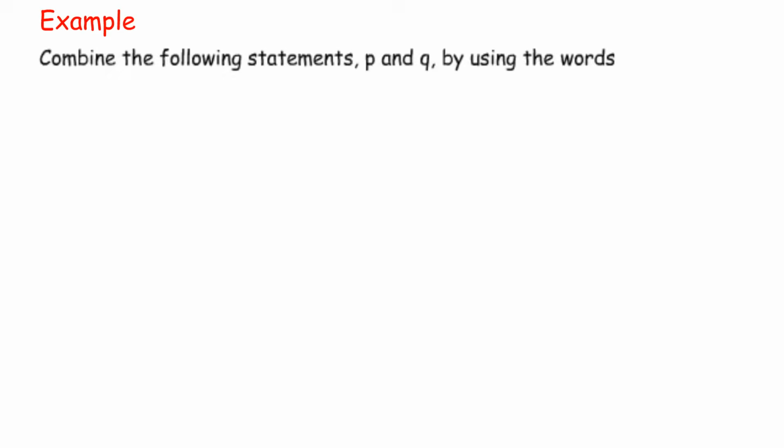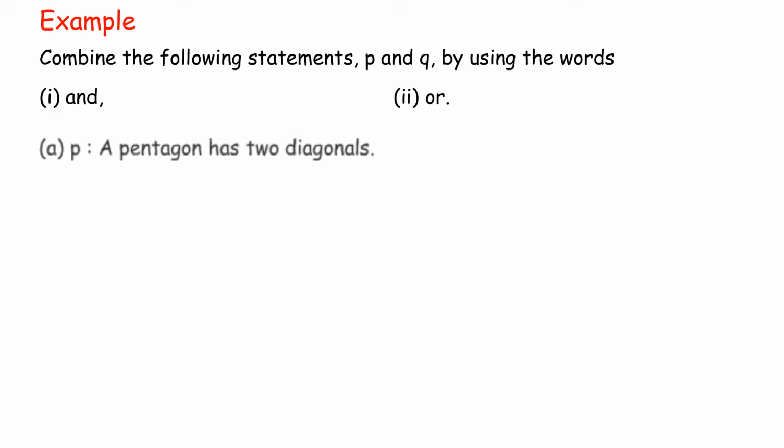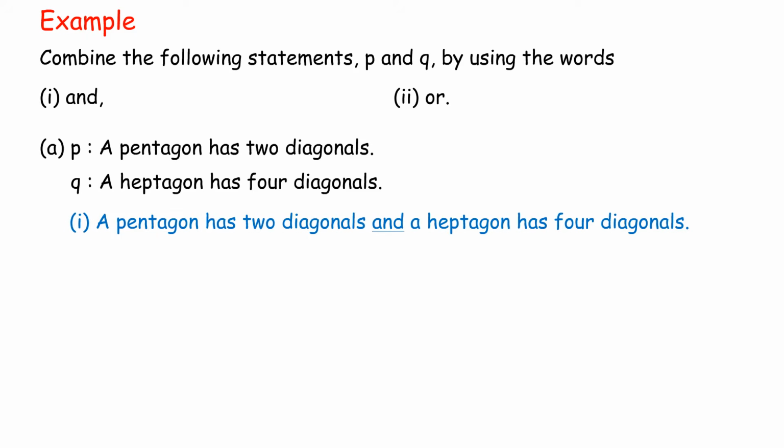Example: combine the following statements, P and Q, by using the words 1. and 2. or. A. P: A pentagon has 2 diagonals. Q: A heptagon has 4 diagonals. Solution: 1. A pentagon has 2 diagonals, and a heptagon has 4 diagonals. 2.